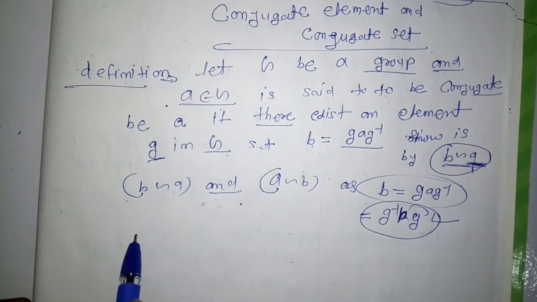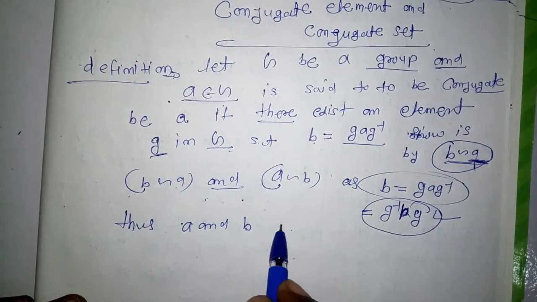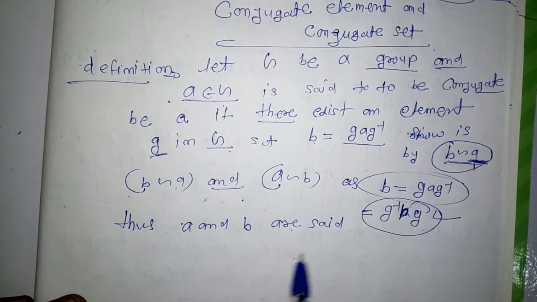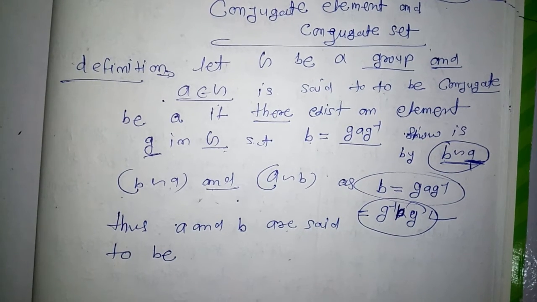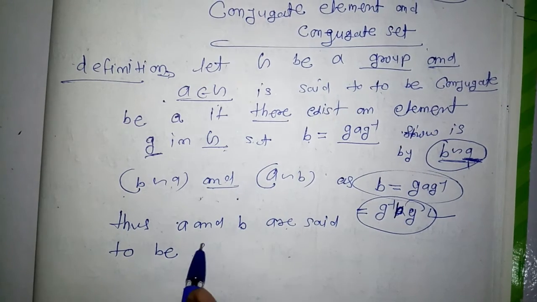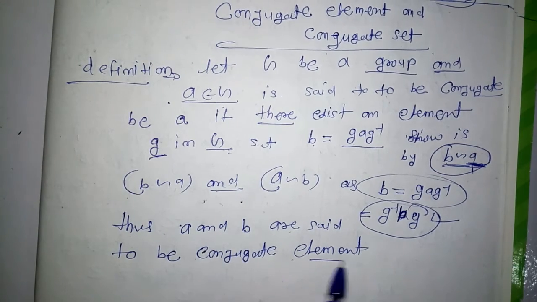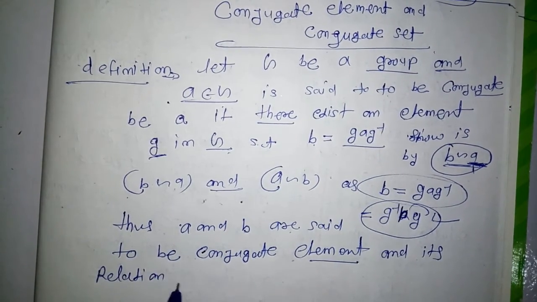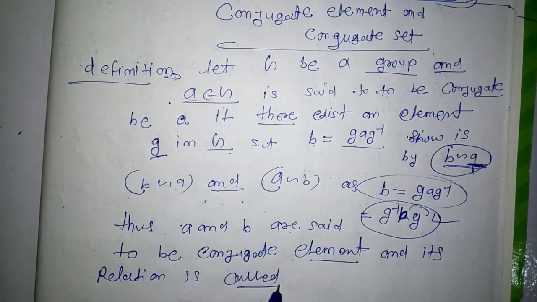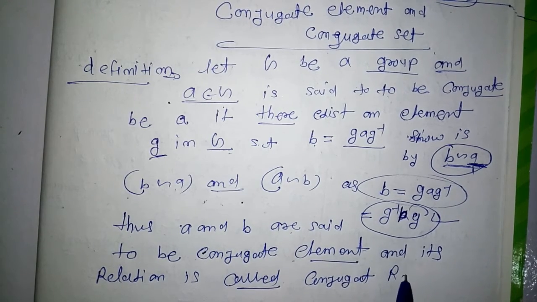Okay, thus A and B are said to be conjugate elements, and this relation is called conjugate relation.